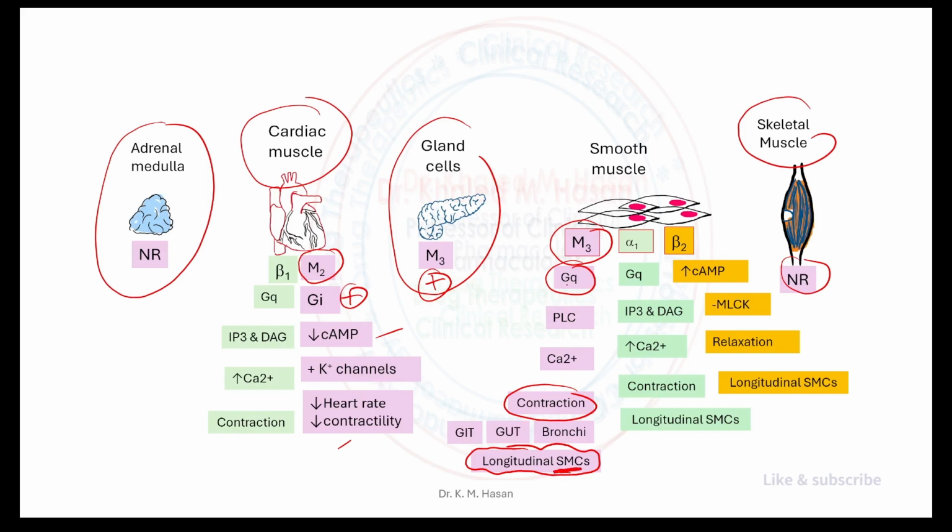So M3 Gq activation increases calcium, increases contraction, and increases secretion. We are not talking about the adrenergic receptors here. We focus only on the muscarinic receptors.